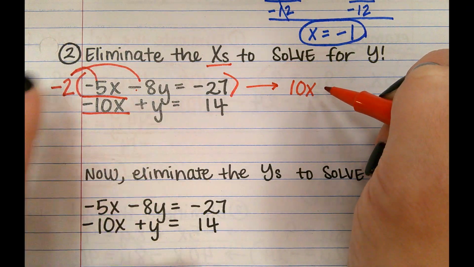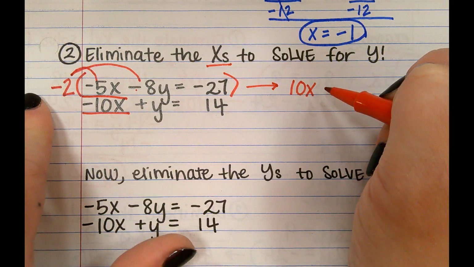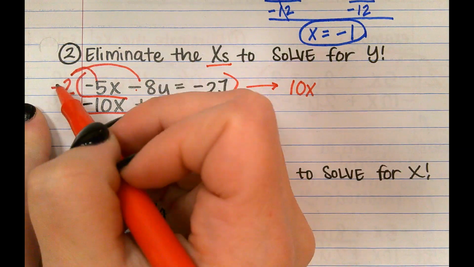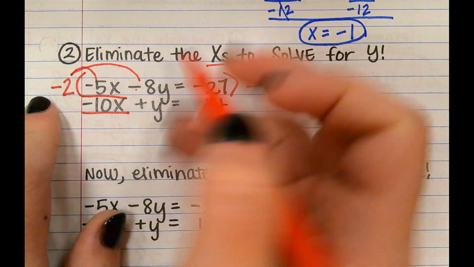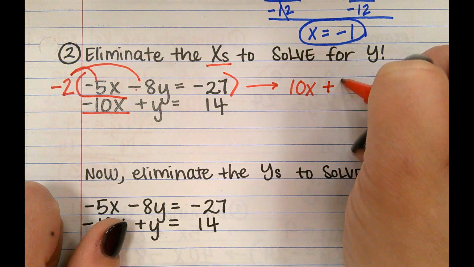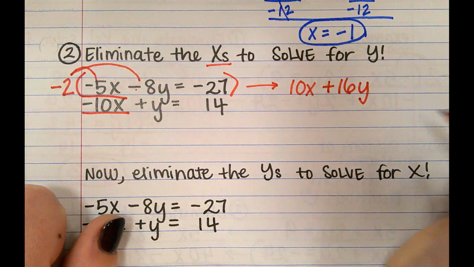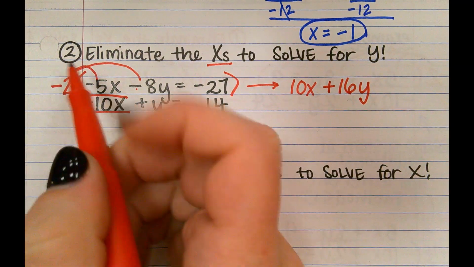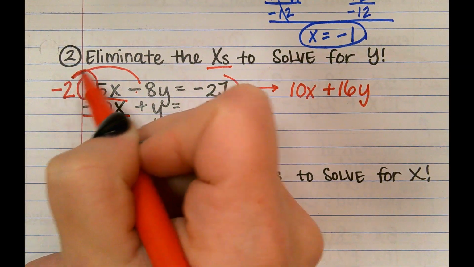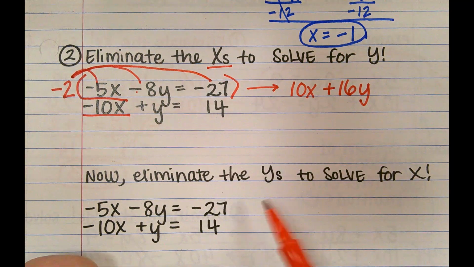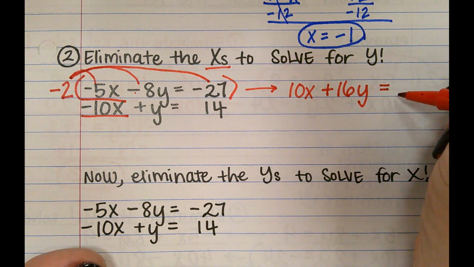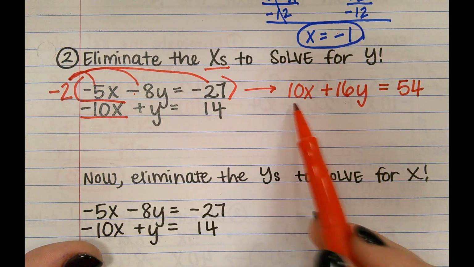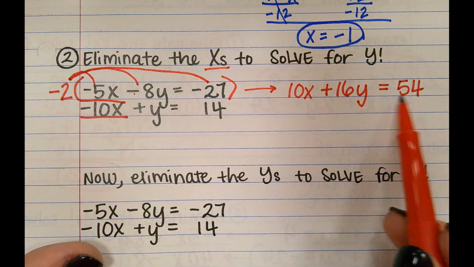A negative times a negative is positive, so that becomes plus 16y. And then -2 times -27, what will that give us? 54. Good, yes, 10x plus 16y equals 54.